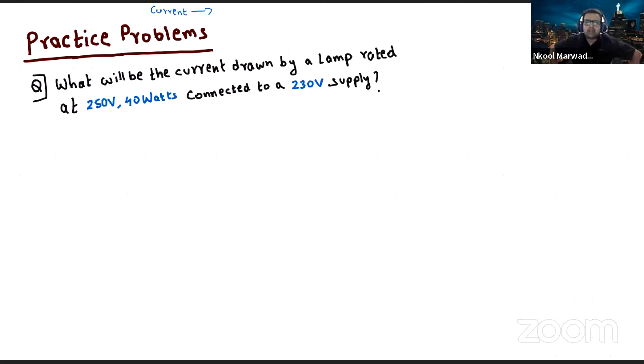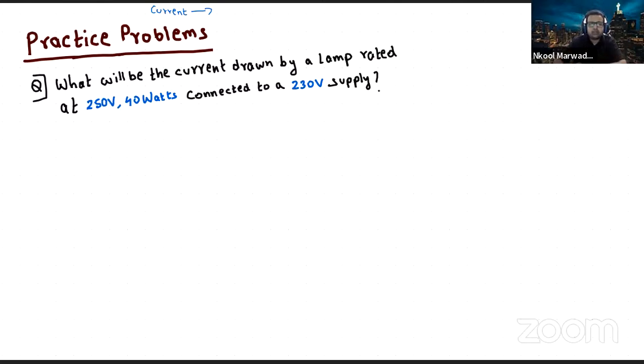And the power consumed by that lamp is 40 watts. So the approach is, whatever quantities are given, let us start with that only. Let us start writing that. Then we will be able to correlate with some of the formulas which we know, apply them, and get to a solution.